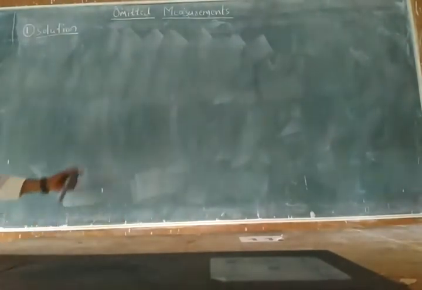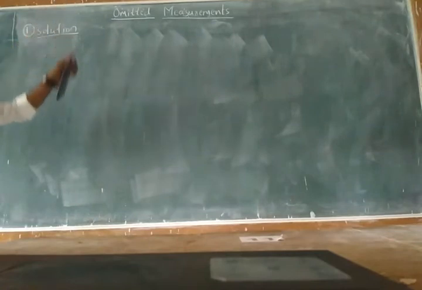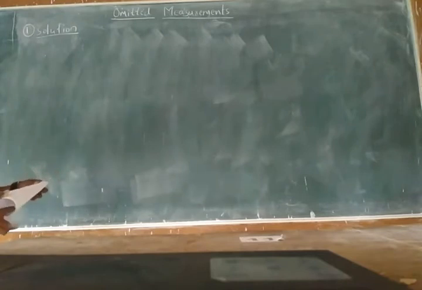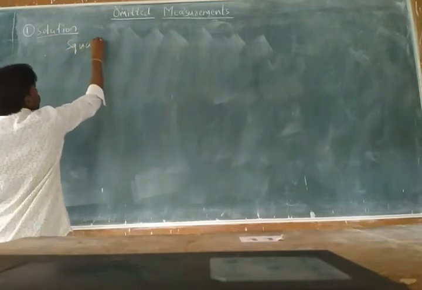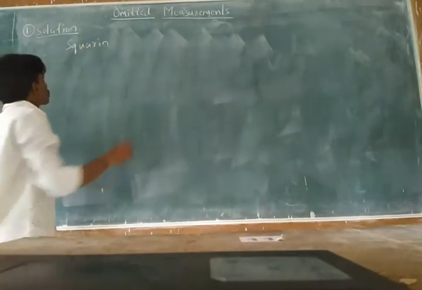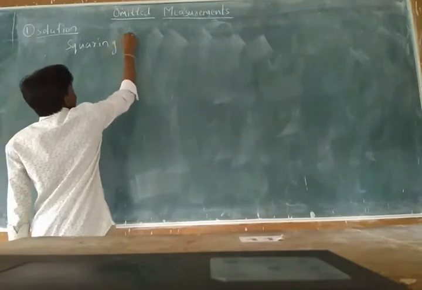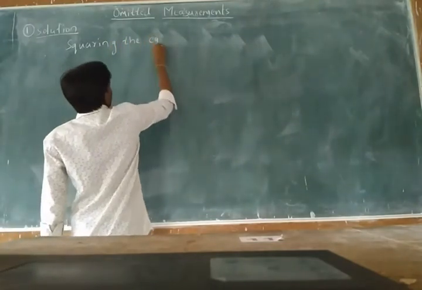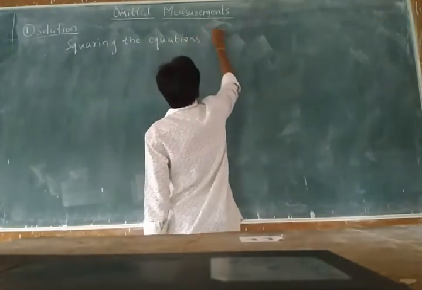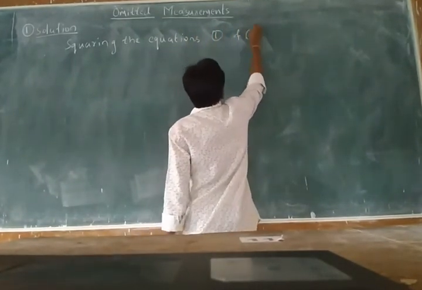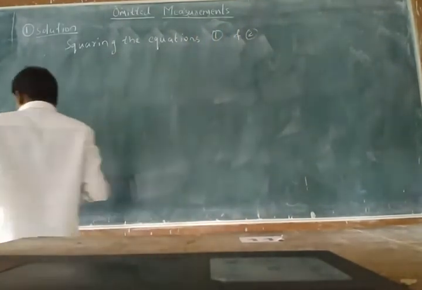Now I will write once again the equations here. So I am going to write the next step, that is squaring the equations. We have to square both the equations 1 and 2. So squaring the equations 1 and 2.